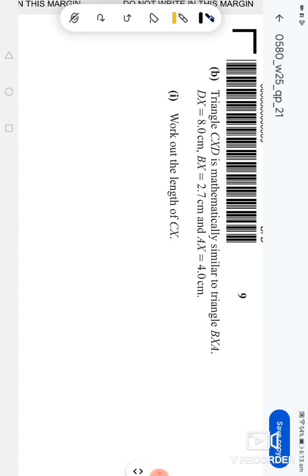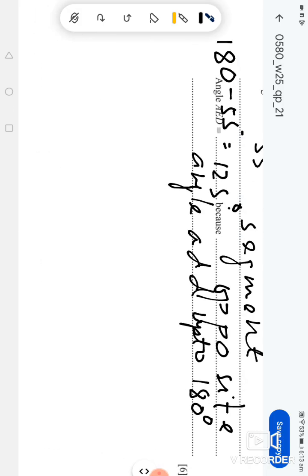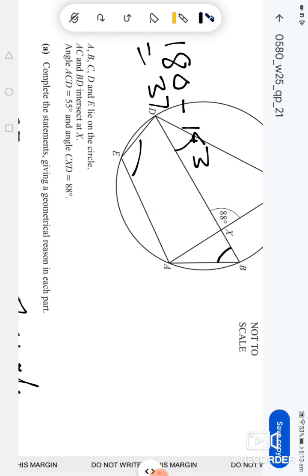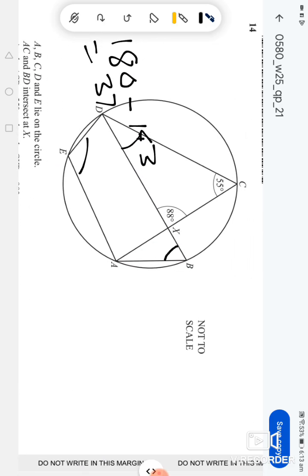Triangle CXD is mathematically similar to triangle BXA. So we can draw the triangle here. CXD.